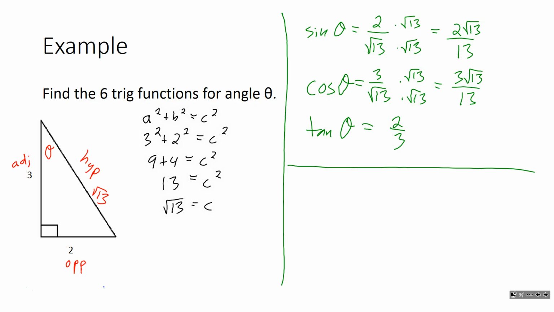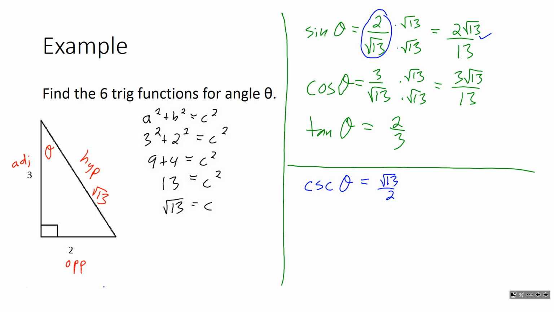Recall that the cosecant equals the reciprocal of the sine. So we have to invert or take the reciprocal of the sine. Well, I would not recommend that we invert our final answer. I'd recommend that we invert this, because notice if we invert that, we'll have the square root of 13 over 2, and we won't have to worry about rationalizing the denominator.